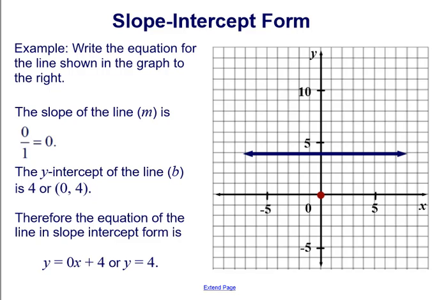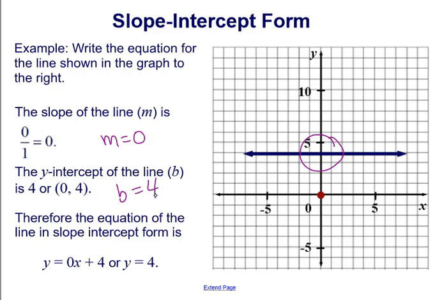And then finally, here we have a horizontal line. We know that horizontal lines have a slope of 0. And we can see that the line is crossing the y-axis at (0, 4). So our slope is 0, meaning m equals 0. Our y-intercept is 4, so b equals 4.